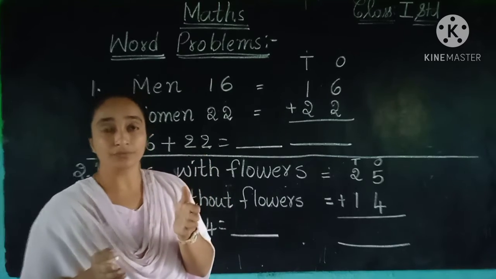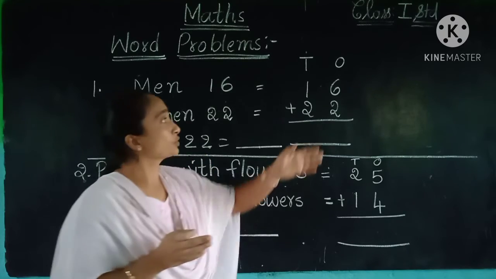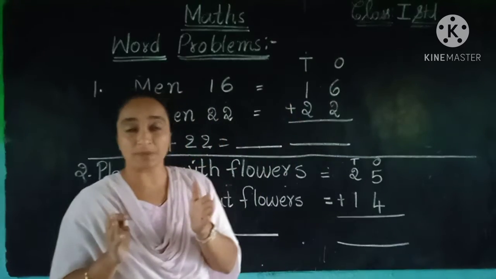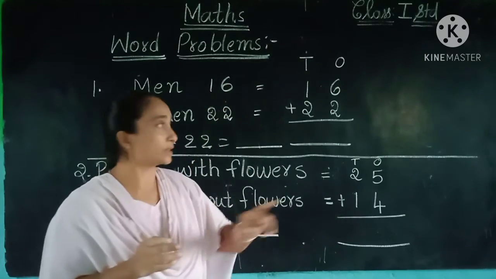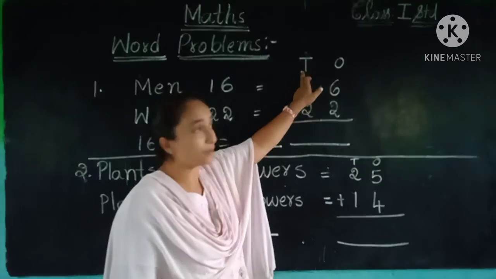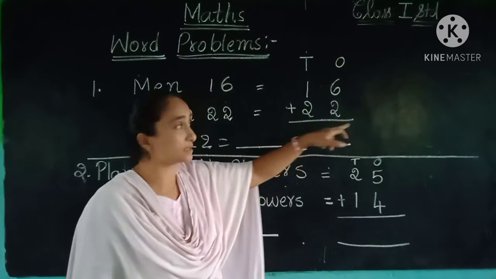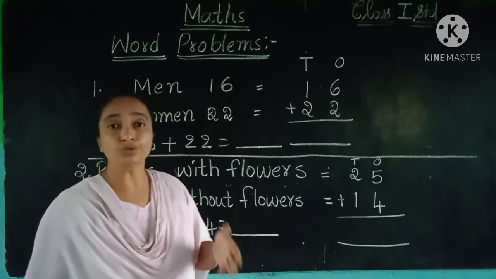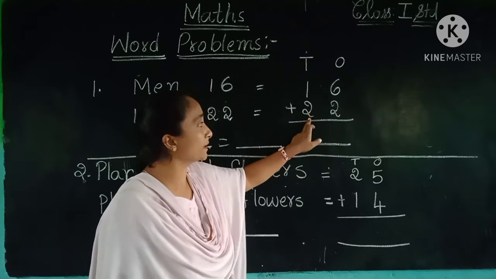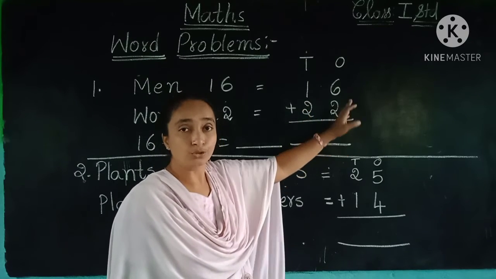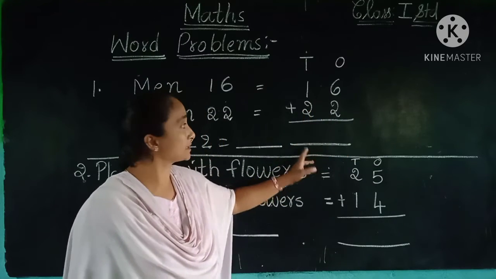Before we start to write this, you have to keep the tens place and ones place separately. 16 means 1 tens and 6 ones. So 1 you should write in the tens place and 6 in the ones place. After that 22 women, the ladies. So here we can write, children, 2 tens and 2 ones, 2 in the ones place, 2 in the tens place.